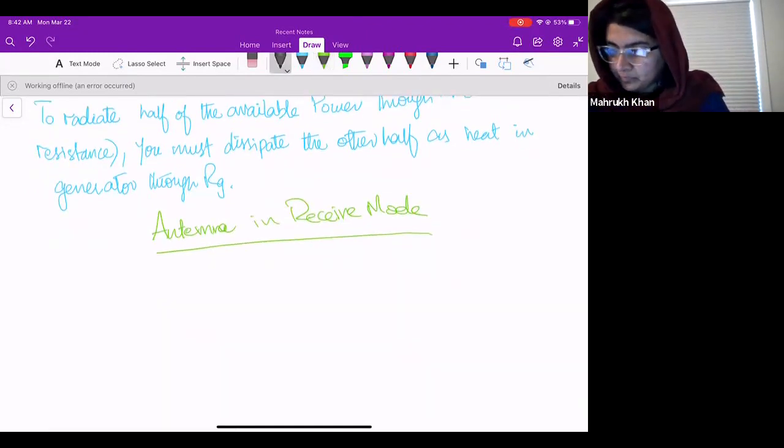So for that case, let's see, this is our antenna.